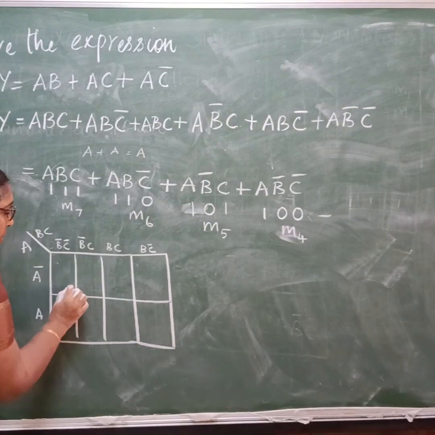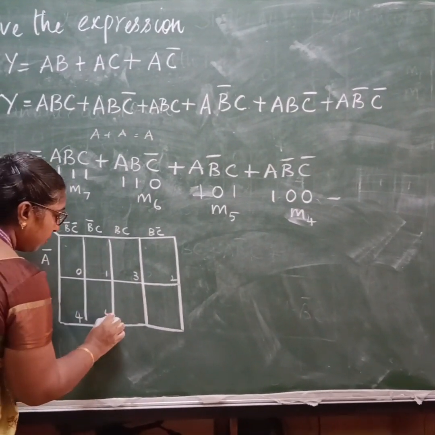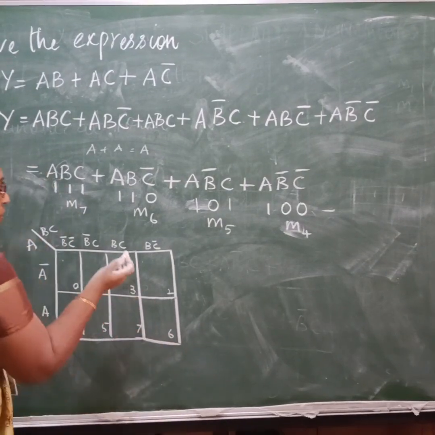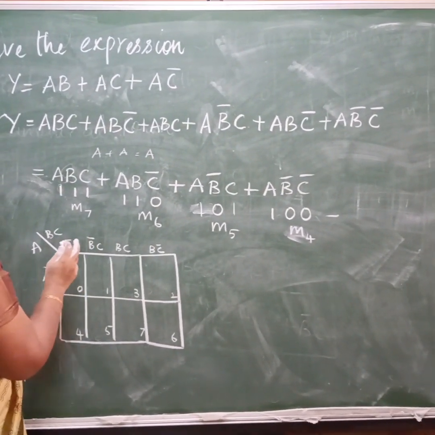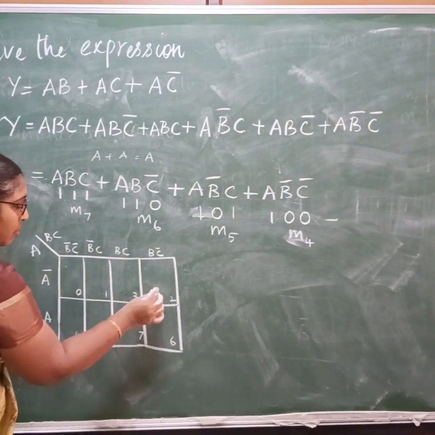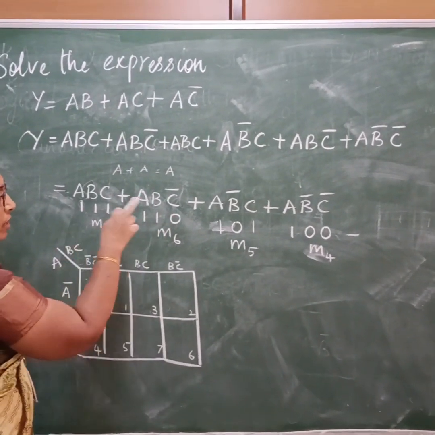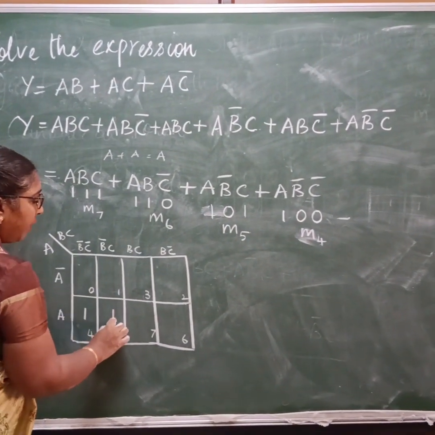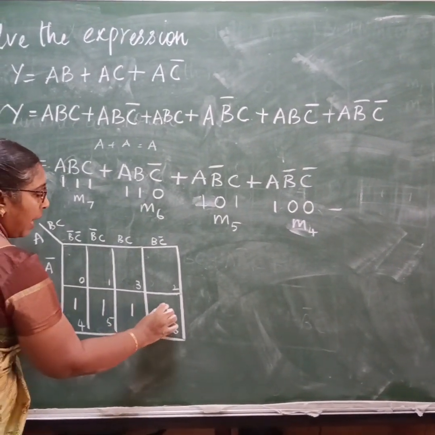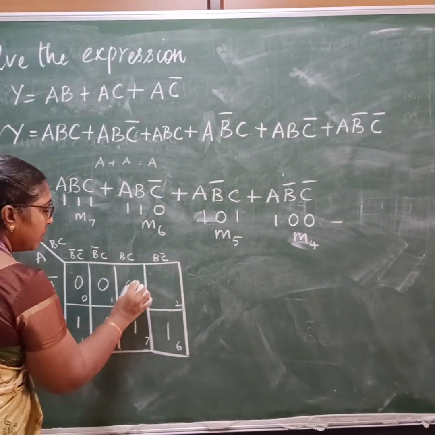Okay, so how do you represent it in your numbers? Now we are going to represent these terms in the K-map. What are the terms which are present here? M4, so this is your 1. All the terms you have must be represented in your K-map as 1, then 5, 7 and 6. The others have to be represented by zeros.